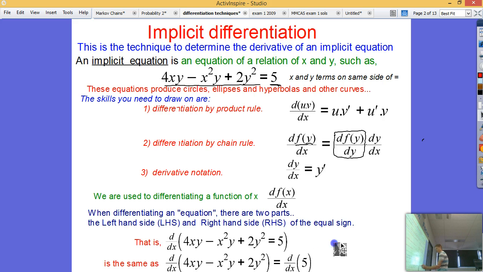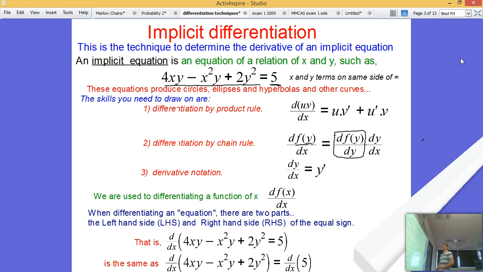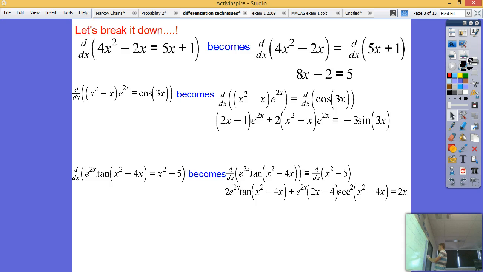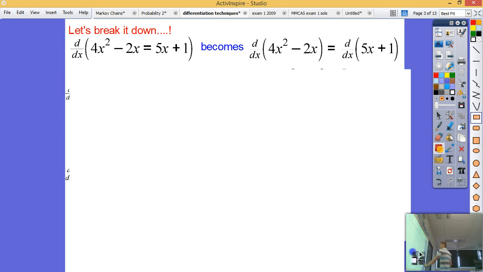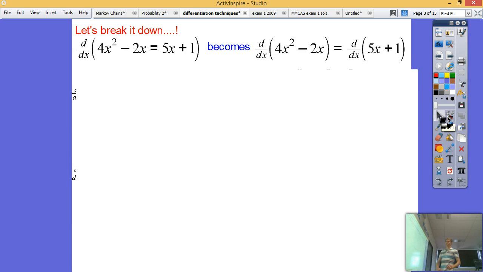So we consider it in this form. If we differentiate the whole lot altogether, it's the same as the left-hand side derivative being equal to the right-hand side derivative. So let's break this down into a few parts now. We'll reveal all that step by step.